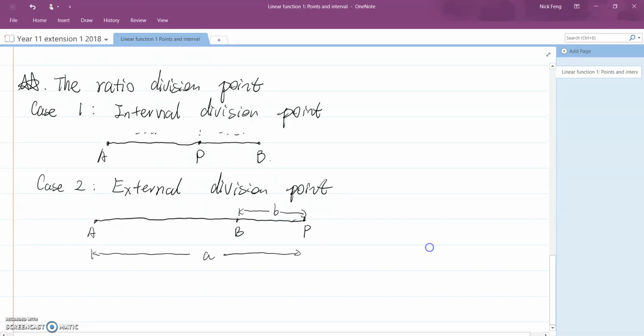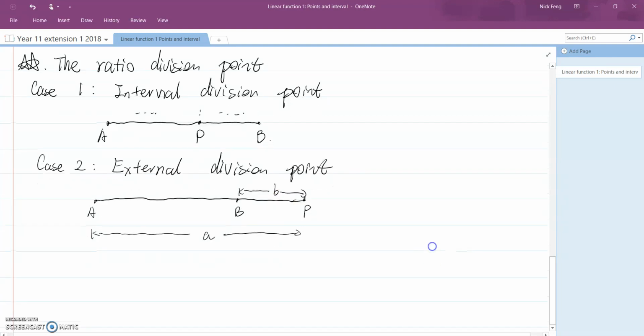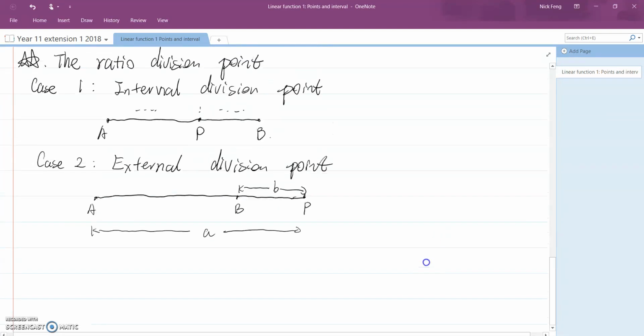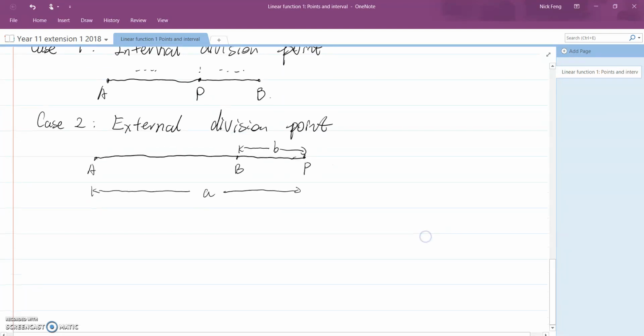In other words, P divides AB externally in the ratio of A to B. Those are the two different cases. Remember, the internal one is easier because it's kind of easy to look at. The external one is very difficult, especially if the question is given some other information.